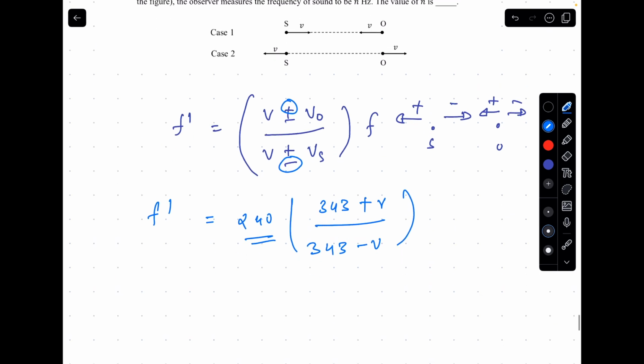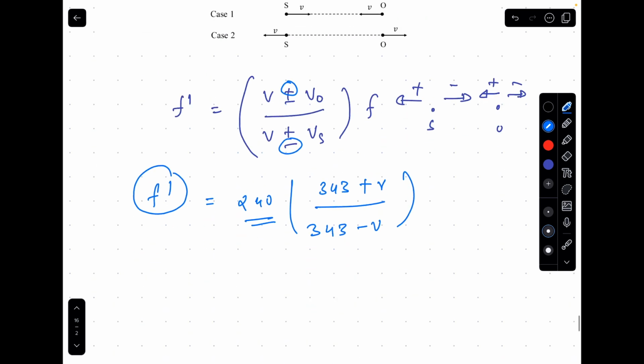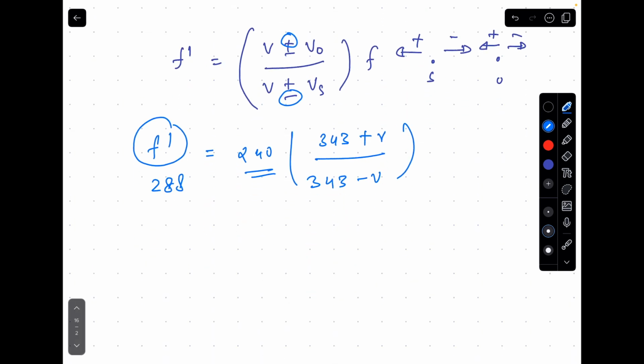And this frequency is given to you as 288. From here, if we do the V calculation, we will get the value of V. I have done the calculation, so you can do the calculation later on. Yeah, so this is the velocity.